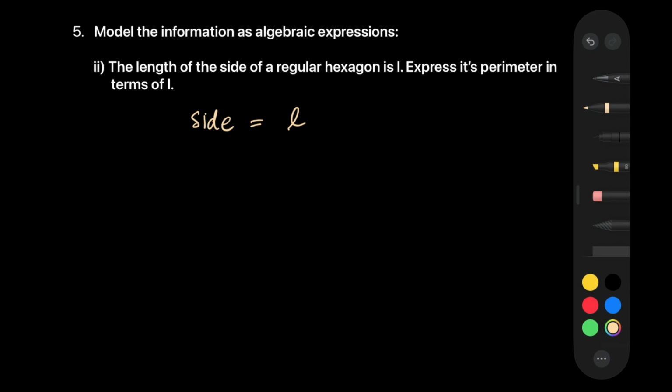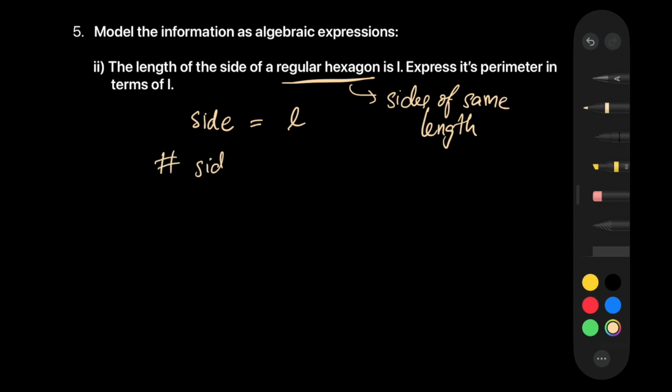Now, a regular hexagon is a hexagon where all the sides are of the same length. Now, a hexagon has 6 sides. Hash can be used to represent number of.